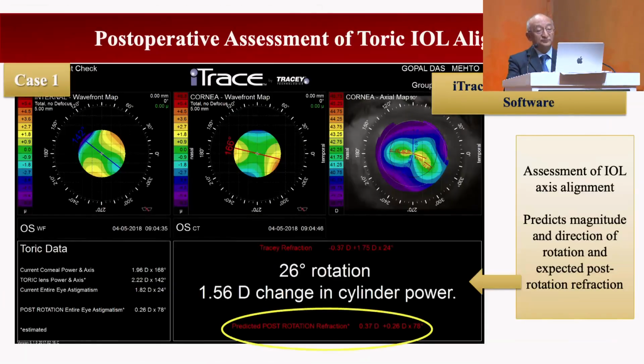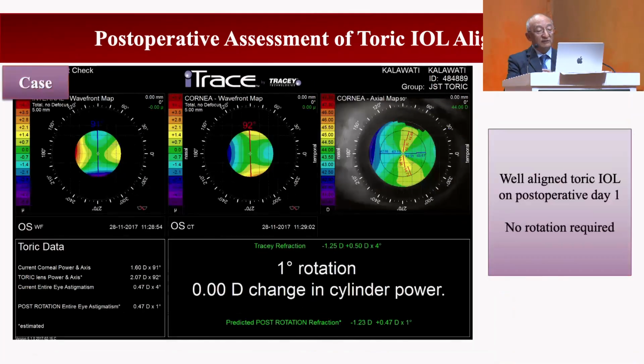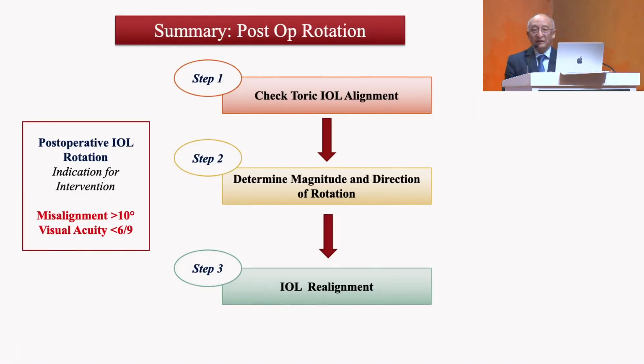This is one device I use regularly, iTrace, which has enhancement software and gives you how much rotation is required and how much correction can be done. And if you take the patient, rotate, and subsequently check, this is the post-op: 1 degree rotation, no rotation required, good alignment.